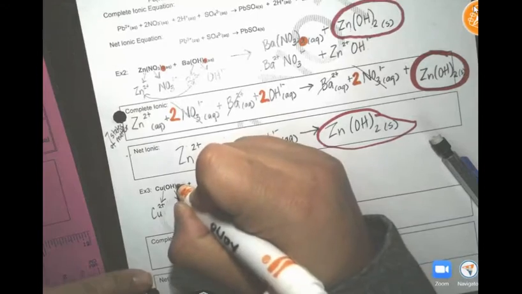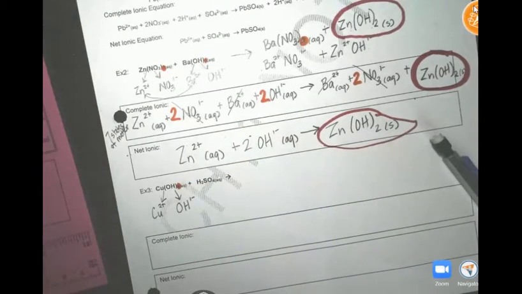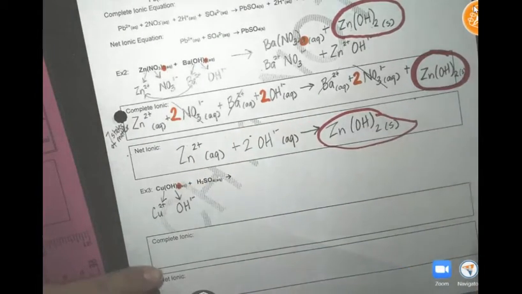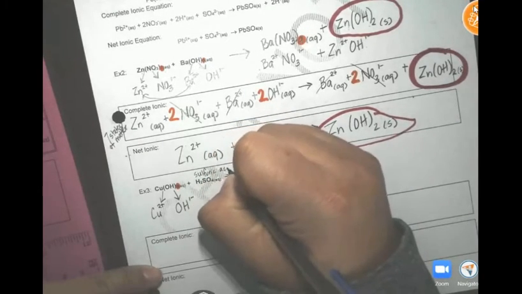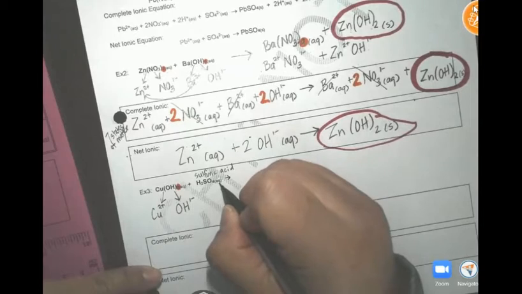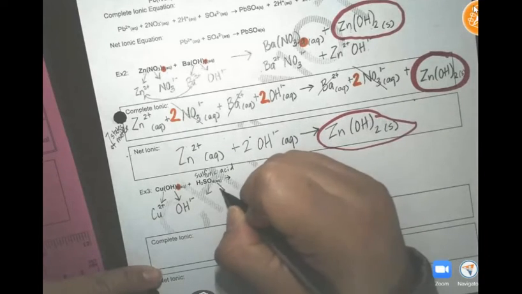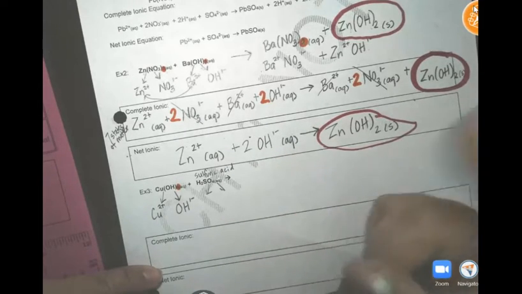I'm going to highlight this too because that's going to be important when I do my complete ionic equation. This is sulfuric acid. That's why it's aqueous, but I have to still separate it into the ions.